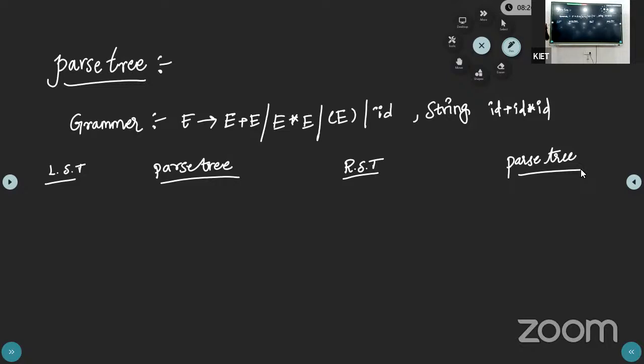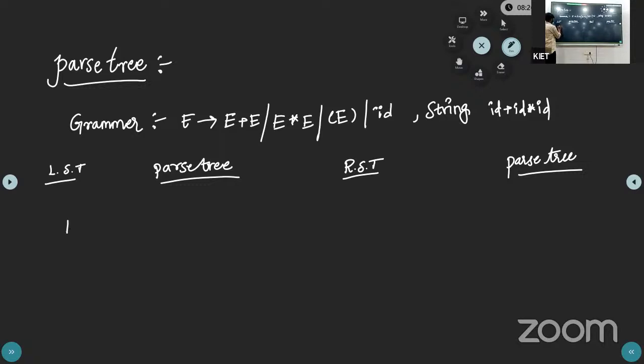Now I am going to tell about a topic called parse tree from compiler design. A parse tree is the diagrammatic representation of the derivation process of a context-free grammar, where the parse tree contains three major rules.